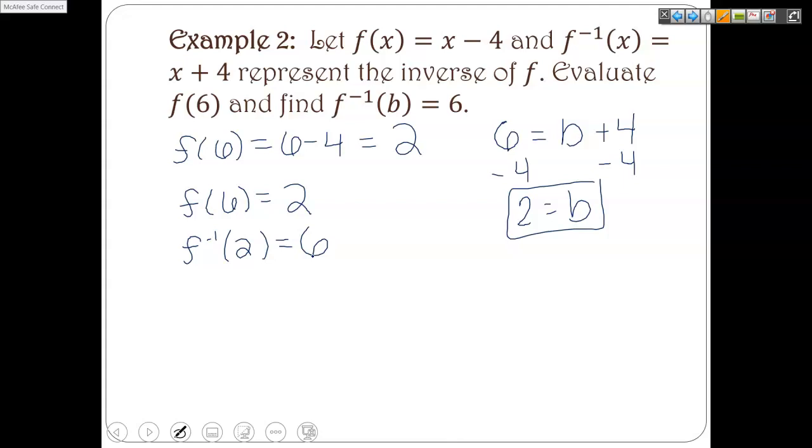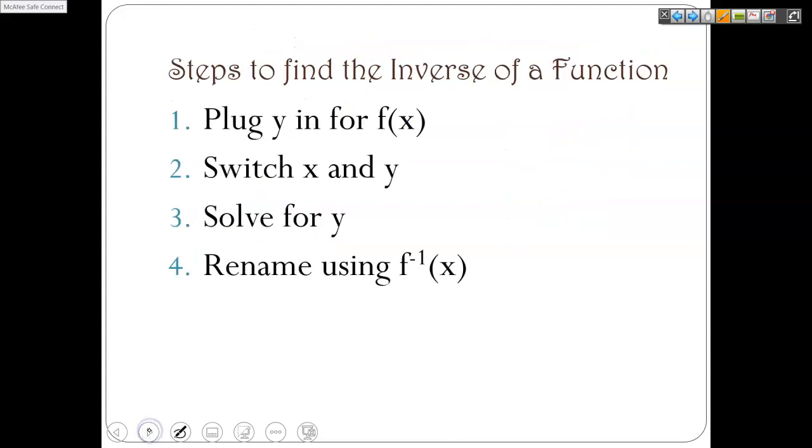F to the negative 1 does not mean 1 over f. It means f inverse, because that is function notation, not exponential notation. That's one of those mistakes kids make on like an SAT before they know the proper notation.